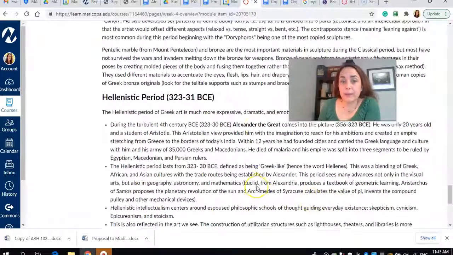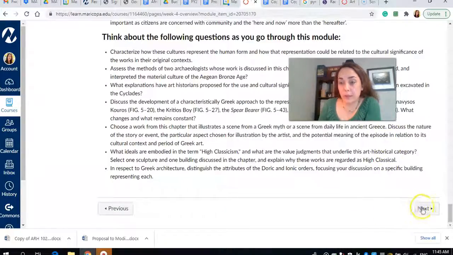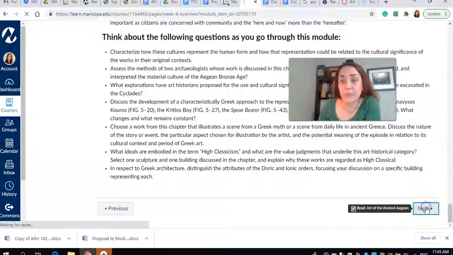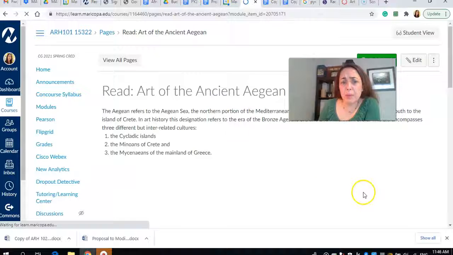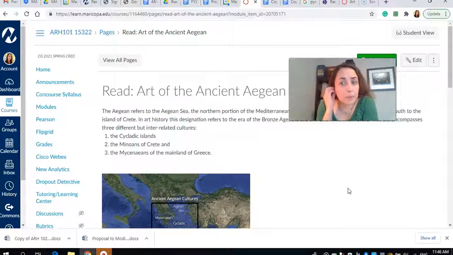And I want you to pay attention to the periodic styles during Greek history. And remember that this is where we are looking at all of these cultures in a cyclical way. So there is a beginning period, middle period, and end period, and sometimes these are stylistic periods.